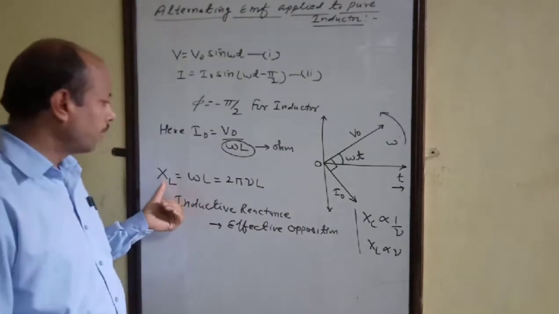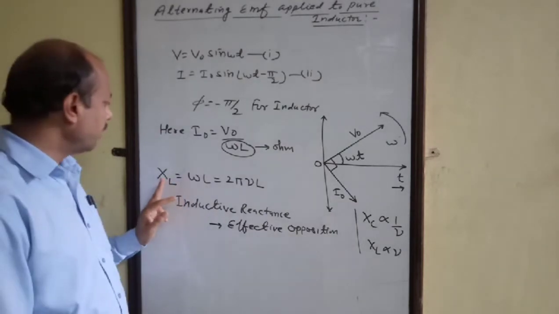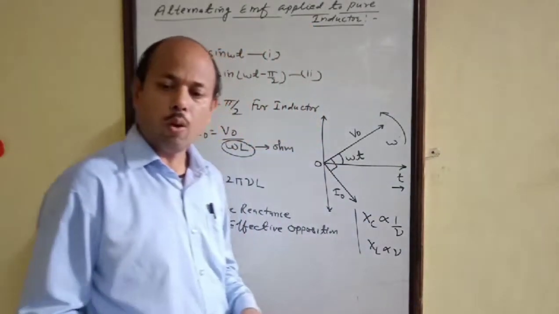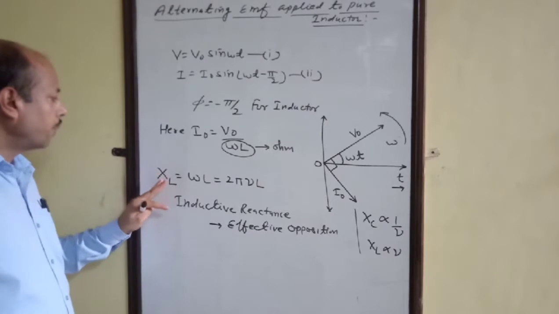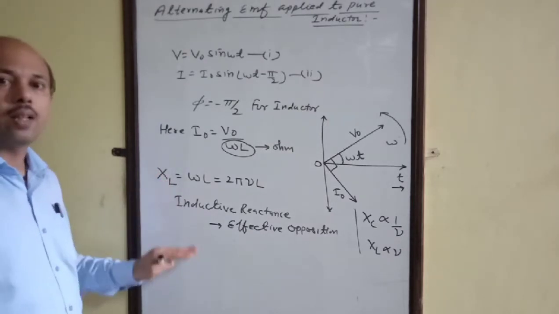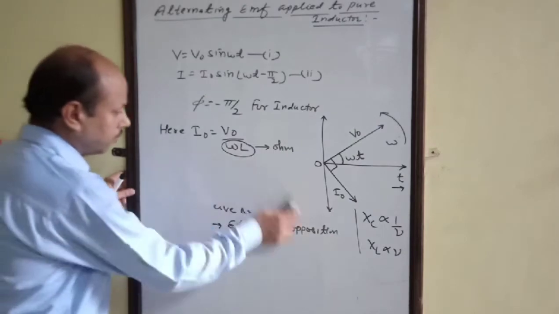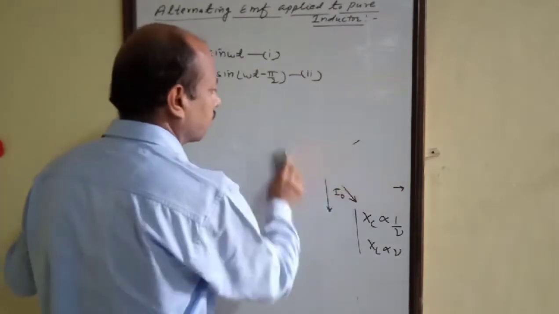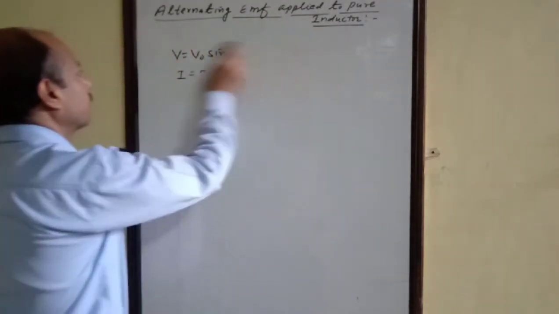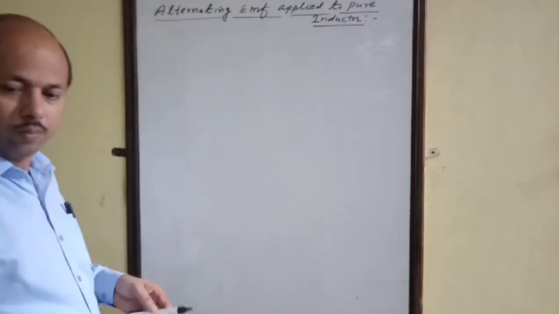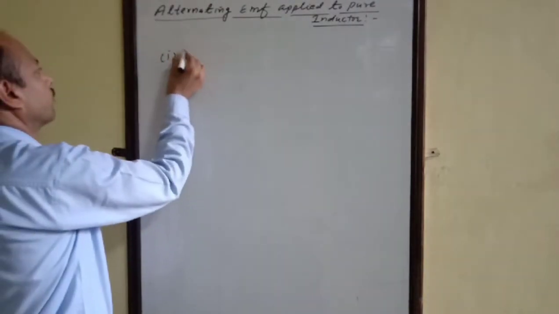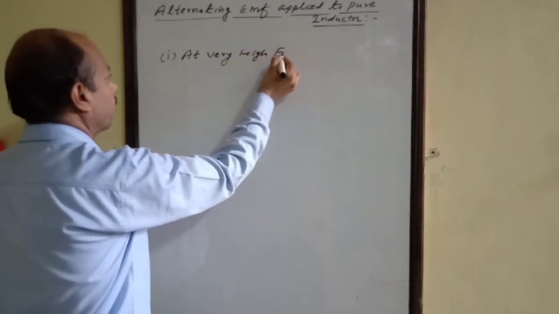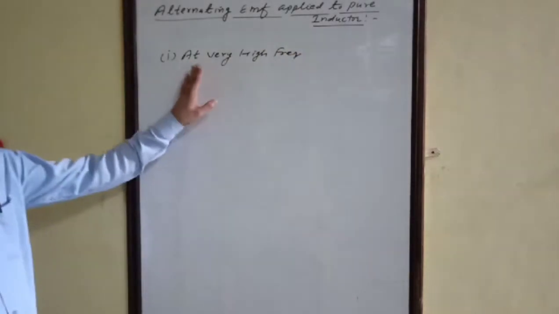So this is the basic difference between capacitive reactance and inductive reactance. XL equals omega L, while XC equals 1 upon omega C. Now we will discuss the behavior of this inductor at different frequencies. First, at very high frequency, it means the value of frequency is very high.